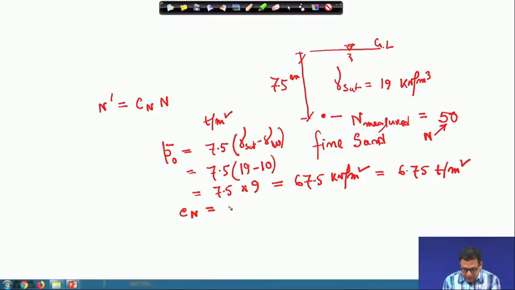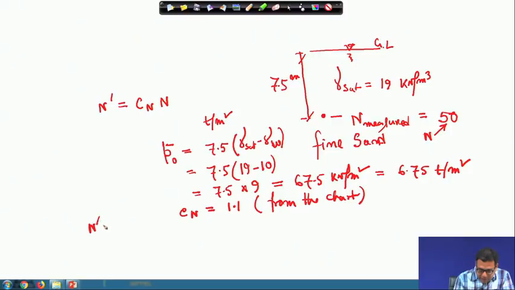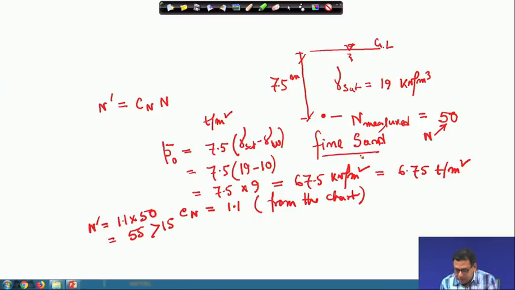From the chart, the Cn value comes out to be 1.1. So, we get the N dash value equal to 1.1 into 50, which is 55. This is greater than 15, and it is fine sand and saturated also.